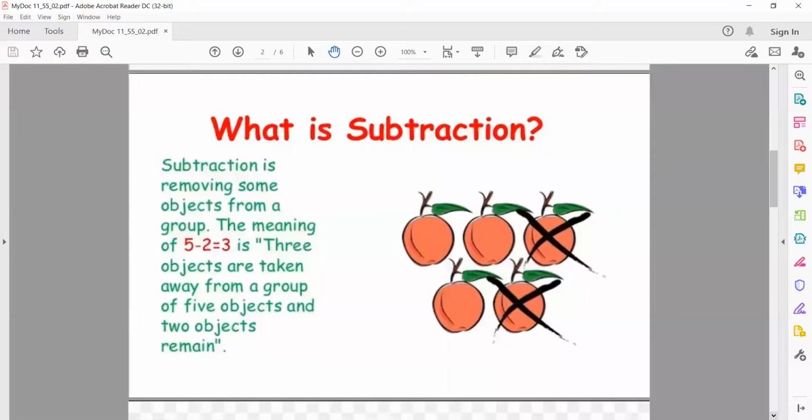If we have a bunch of flowers, 10 flowers in a bunch, and we remove 3 flowers from that, we are left with 7 flowers. Clear बच्चे?